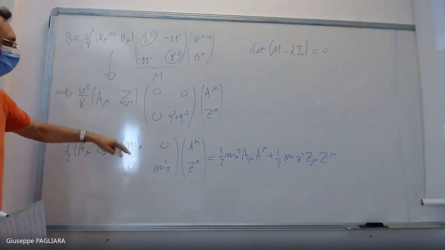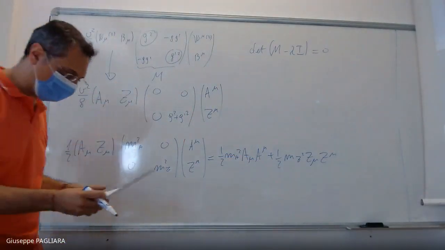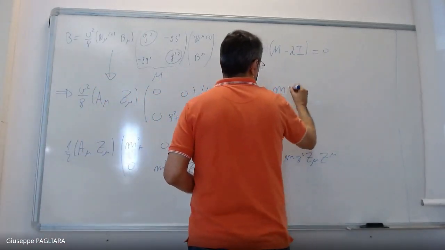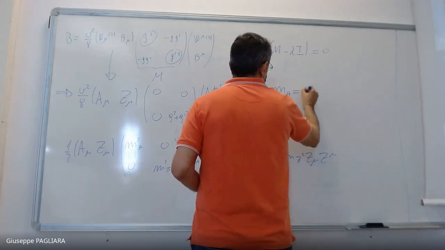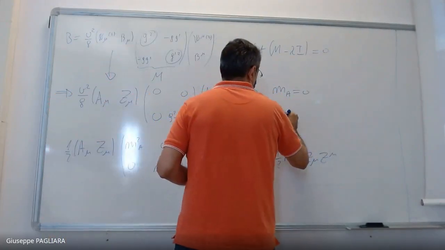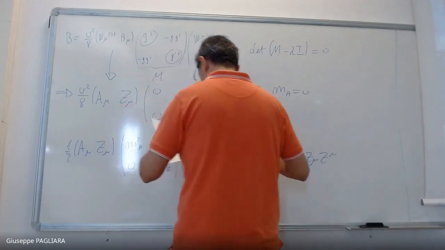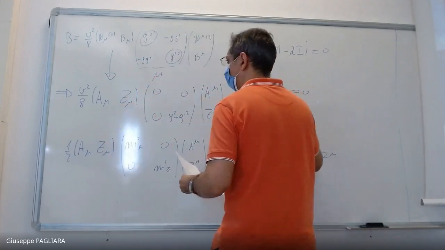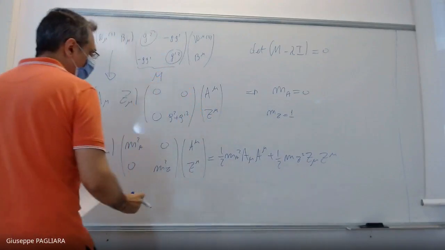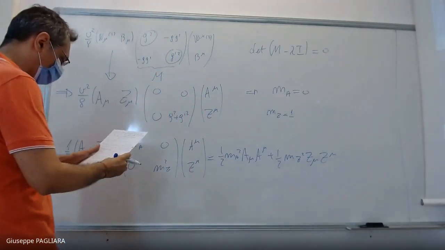And so we can compare the two matrices, and we obtain that the mass of the eigenstate A is equal to 0, and the mass of the eigenstate Z, whatever it is, we have to equate term by term.